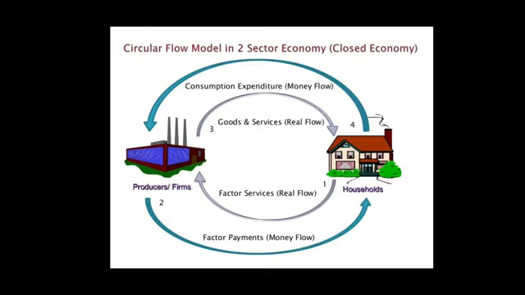The simple two-sector model of circular flow is being shown here in this slide. Here we assume that the economy consists of only two sectors. That is, there are only two sectors in an economy, and these are the producing sector and household sector.